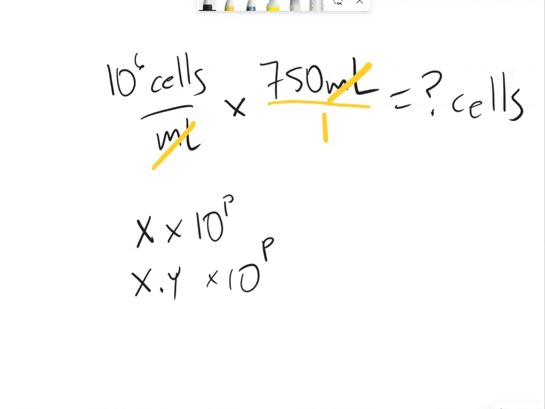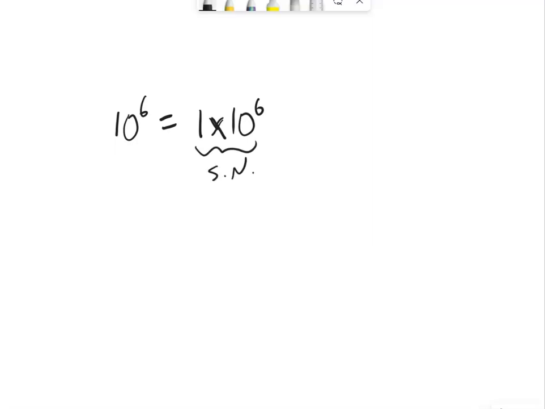That's scientific notation. Or it can be an integer with a decimal point with other numbers times 10 to some power. That's scientific notation. So if I have a number like 10 to the 6th, that's very close to scientific notation, because 10 to the 6th is equal to 1 times 10 to the 6th. We can multiply anything by 1. And this is in scientific notation.